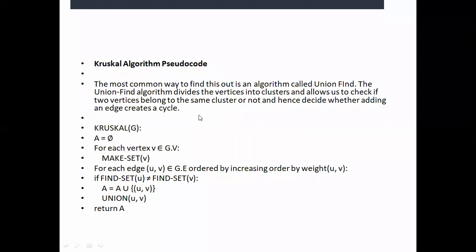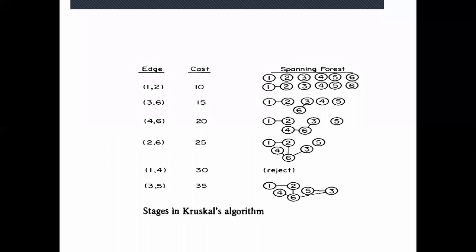The main thing in Kruskal's algorithm is that whenever you are adding any edge to your spanning tree, you need to find out whether it is making any cycle. If it is making a cycle, then we don't have to add that edge to the spanning tree. Otherwise, you can add it. So the important thing is how to implement the part that checks whether that edge is creating a cycle or not.